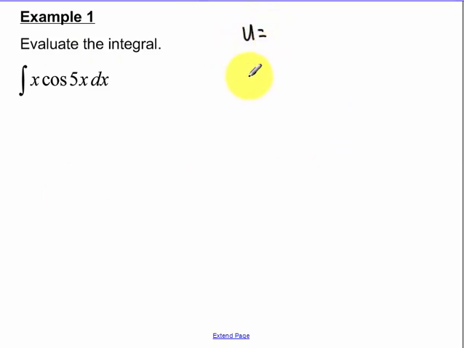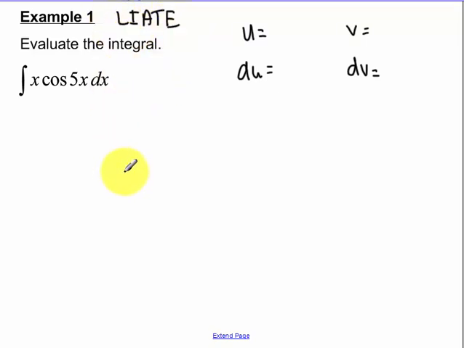So set up this chart, u, du, dv, and then I wrote that wrong. That should just be a regular old v up there. Okay, so break this down. Look at this. Remember our power ranking. Remind me to talk to you guys about power ranking and tacos.